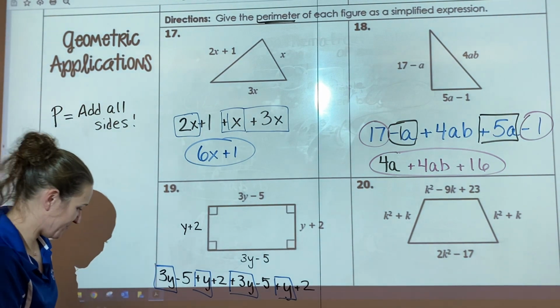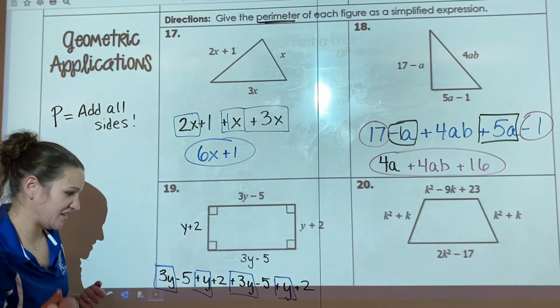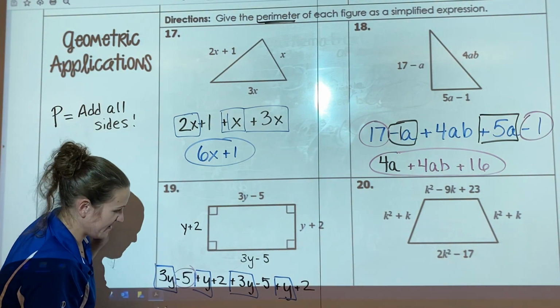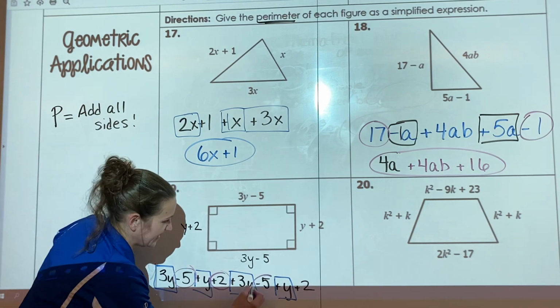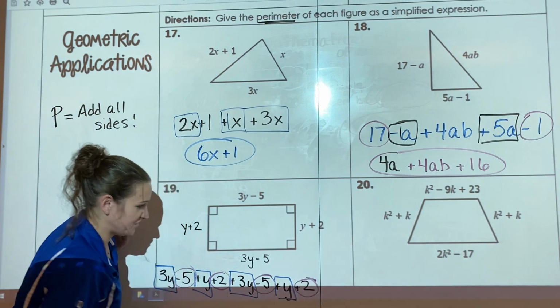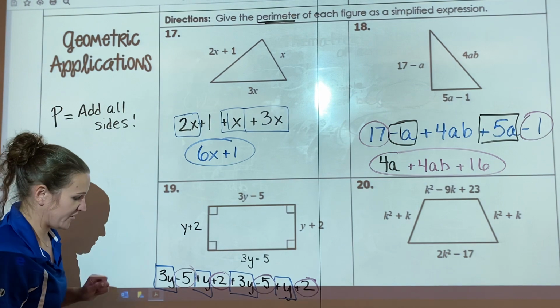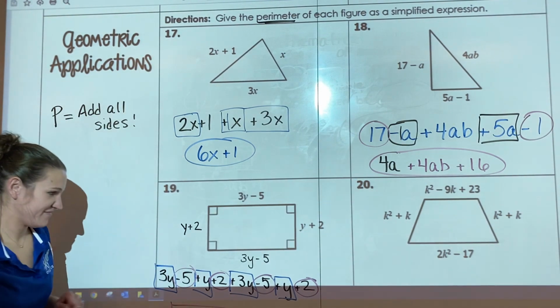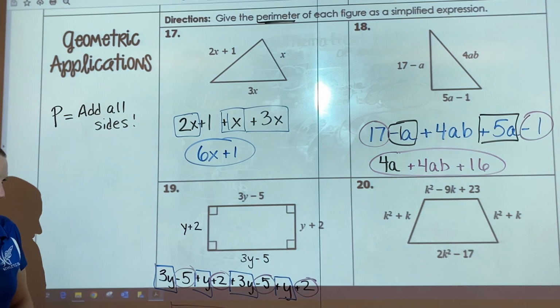All right. Then we have our constant terms, which is the number without the variable. So we have negative 5, positive 2, negative 5, positive 2. If you put that in your calculator, you're going to get negative 6. Very nice. One more to go.